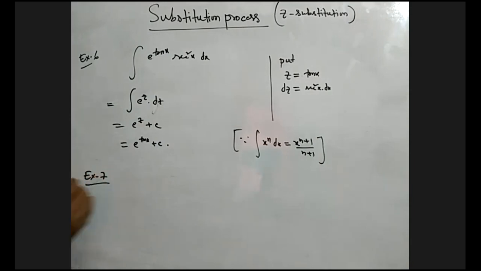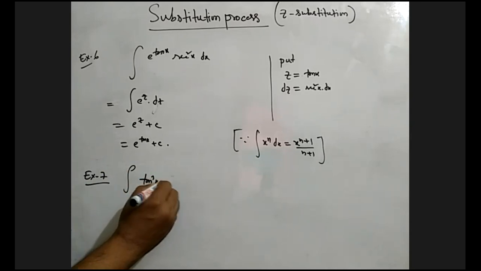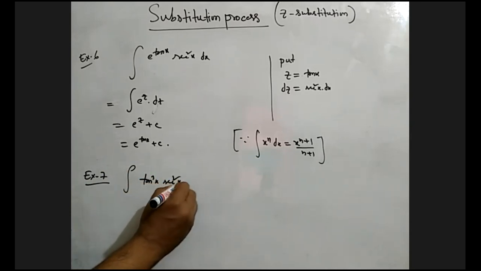Similarly, example 7, another one. Suppose we have tan cube x sec square x.